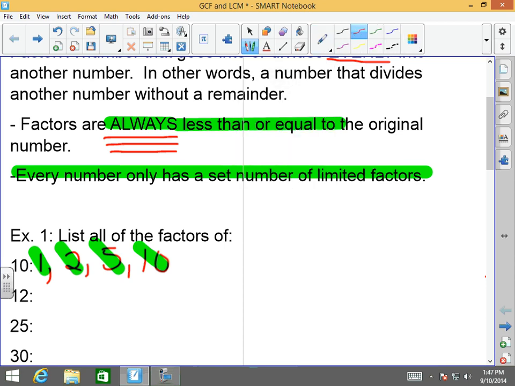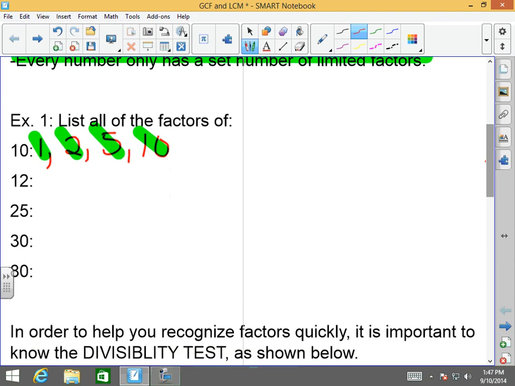Let's continue, my brothers. How about for 12? Let's start again like I did before, starting with 1. Does 1 go into 12? 1 times what? So put a 12 back here. Does 2 go into 12? 2 times what? Excellent. Does 3 go into 12? 3 times what?